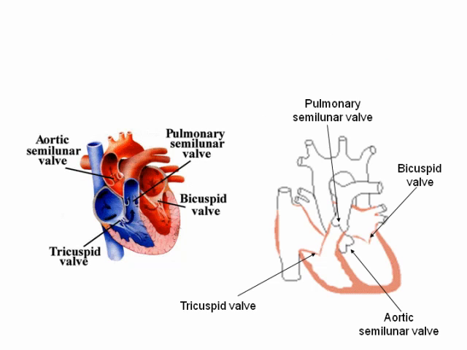So here is a diagram that shows exactly where these valves are being placed. And so, once again, connecting the right atrium to the right ventricle, we have the tricuspid valve, and then connecting the left atrium to the left ventricle, we have the bicuspid valve.